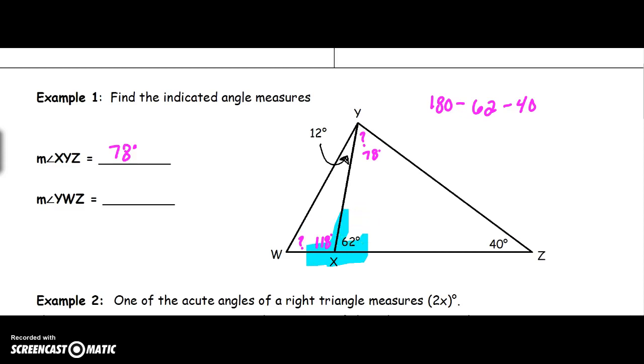Now we have another, different triangle here. You know two angle measures of this triangle are 12 and 118. So if you do 180 minus 12 minus 118, you're going to get 50 degrees, and that's this angle measure here. Again, we did 180 minus 12 minus 118, and that gave us the angle measure.